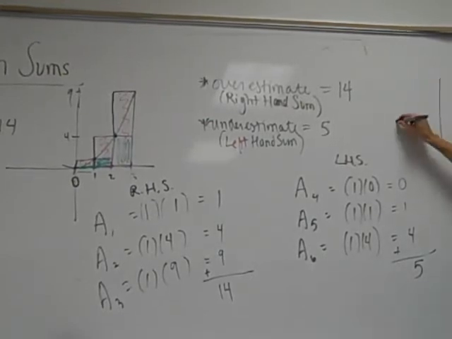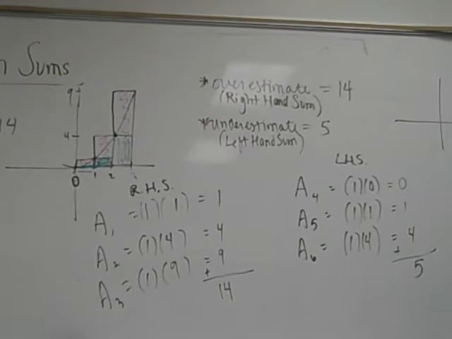So for example, let me give you something that goes like this. If I go from 0 to A, and I split this into however many rectangles I want, is a left-hand sum an over or an underestimate?